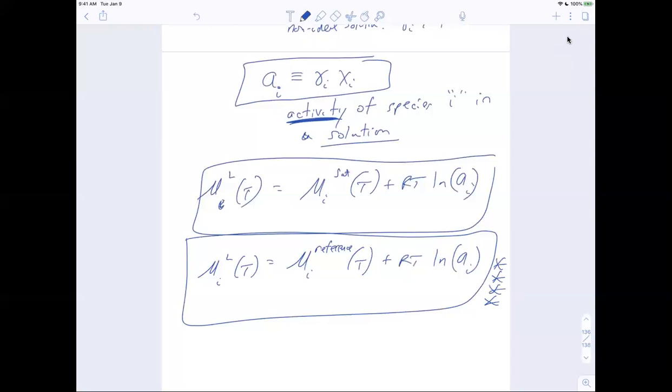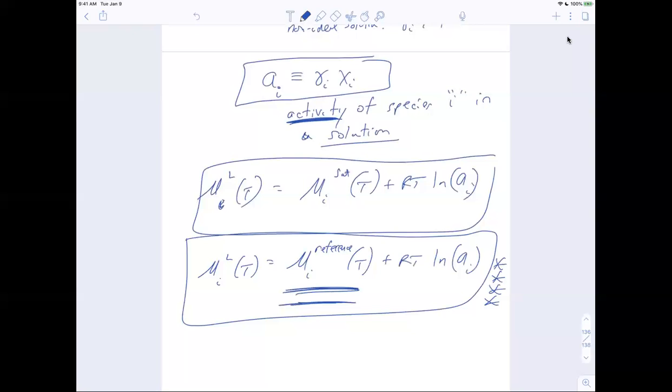So the chemical potential of a species I in a mixture, whether it's gas, liquid, or solid, is going to be the chemical potential of that species in some reference state. And remember, mu is just G. We can specify what G is, right? And we can specify any reference we want, but we have to be clear, we state it, and we tell people what that reference state is.